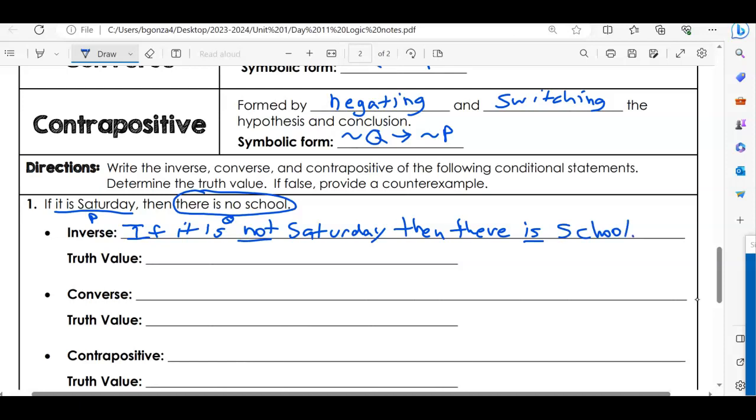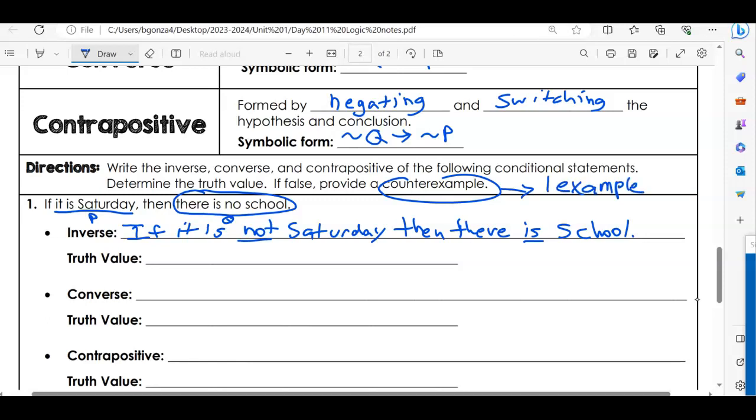Okay? So you can change the sentence, but now you have to tell me, is it true? And if it's not true, you have to give me what we call a counterexample. A counterexample is just one example that proves it false.